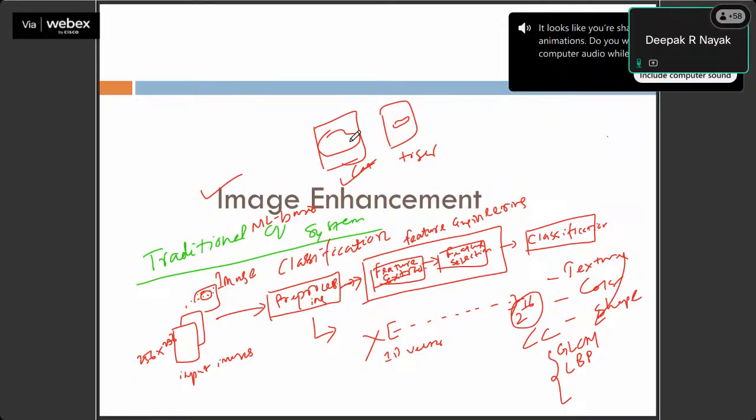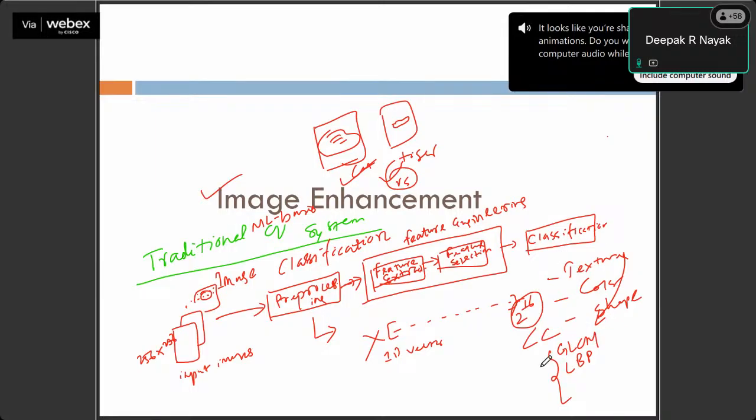Shape and size cannot be considered alone as the unique features to categorize cat versus tiger, because the shape may be the same for both. What is different in this case is the texture of the tiger or the texture of the cat. So textural features are very, very important.